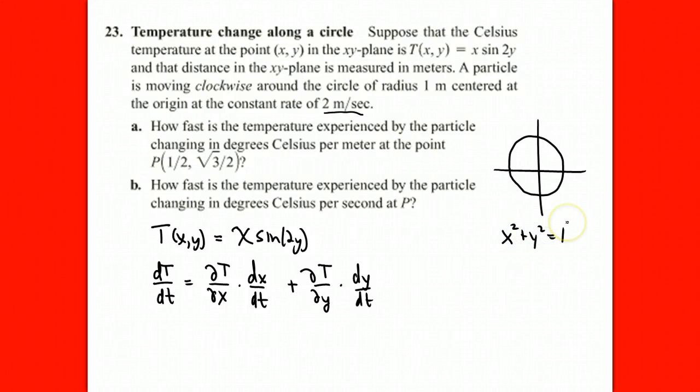They tell me how fast it's moving along the circle. The particle is moving clockwise along the circle at a constant rate of 2 meters every second. The circle's radius is 1 meter. In 1 second, I'm 2 meters along the circle.